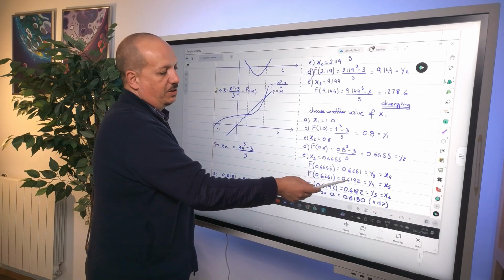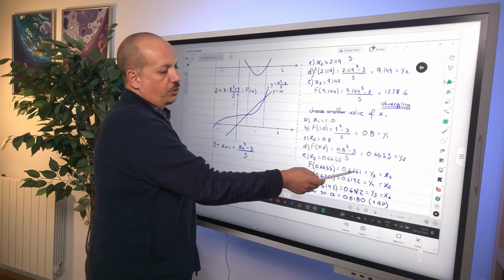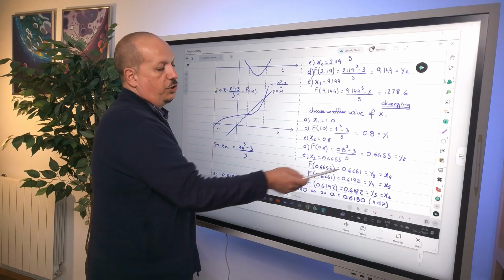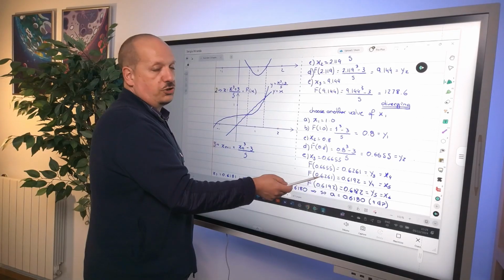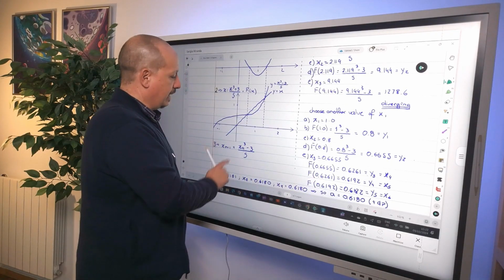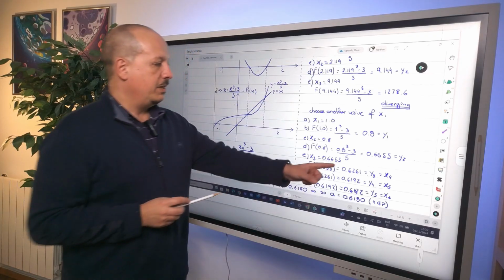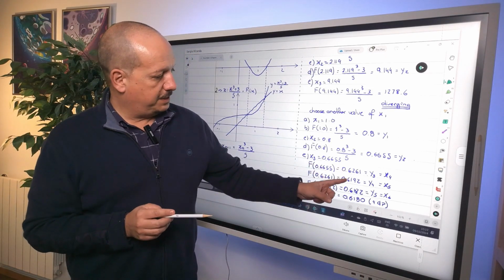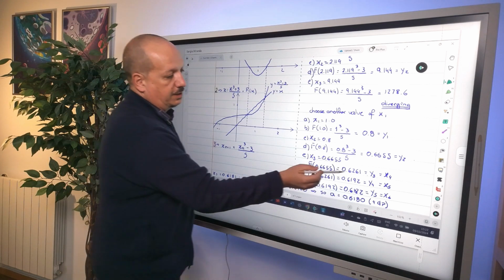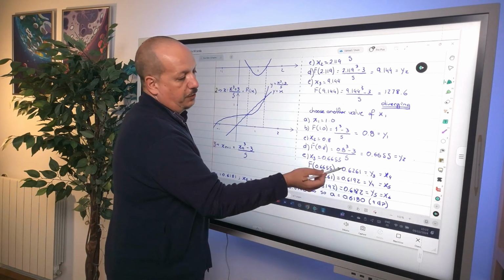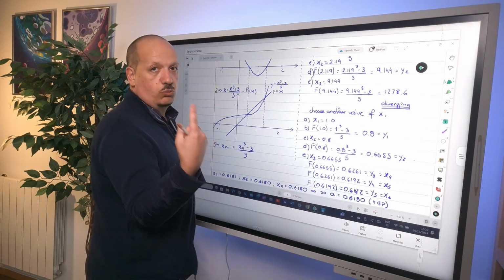This is converging. Every single value that you get is going to be your next point that you are going to try on the function f, big F of x. As simple as that. And see what's happening? This is converging. You can already be sure at this point that the value 0.6 is correct to one decimal place.